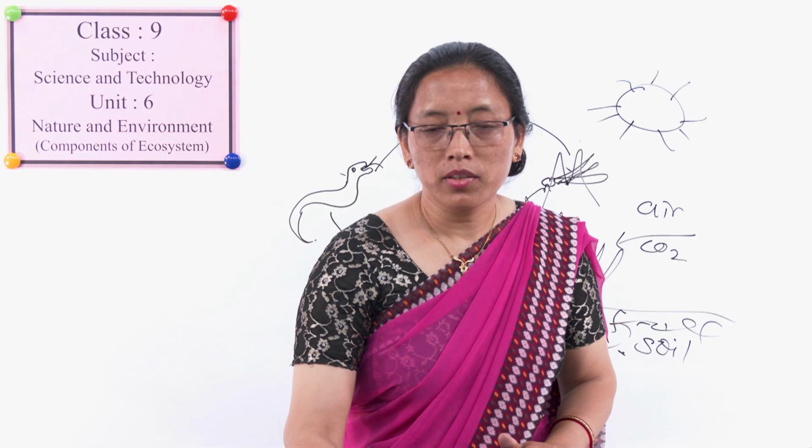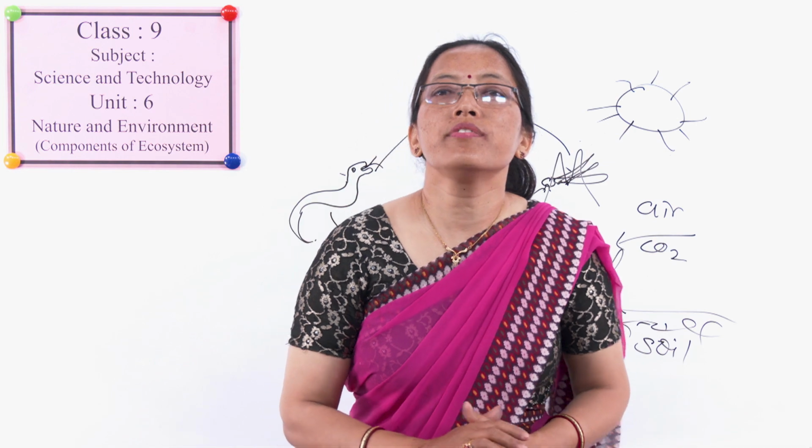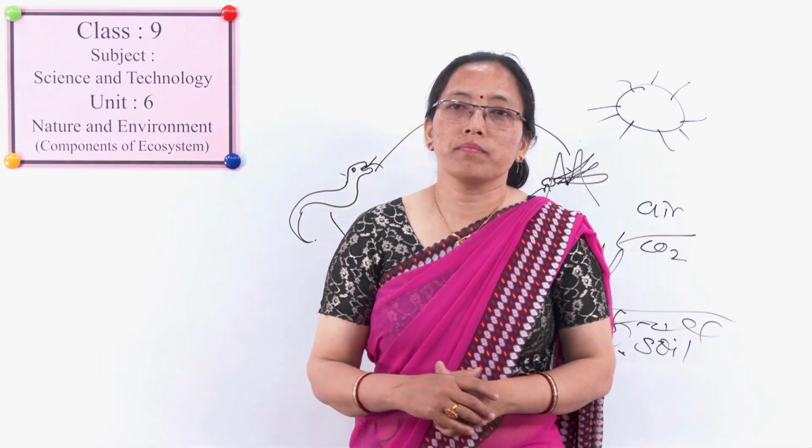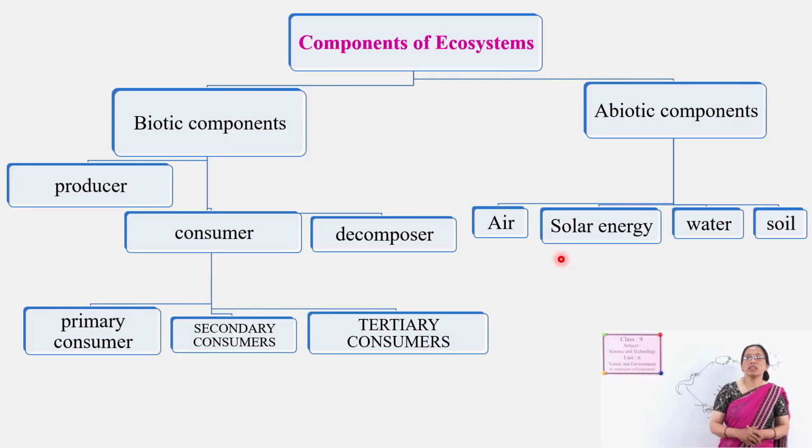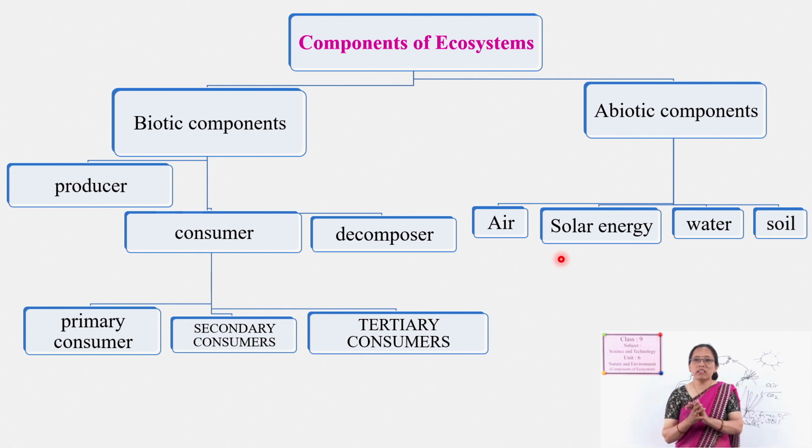Okay, now we discuss the different components of the ecosystem. What are the components of the ecosystem? Till now we have seen various places where different organisms are growing. What do you mean by components?